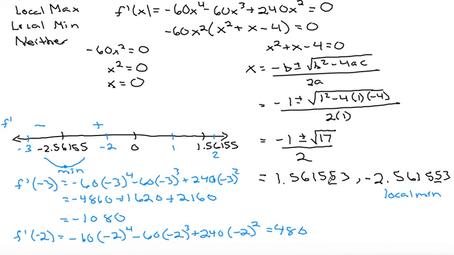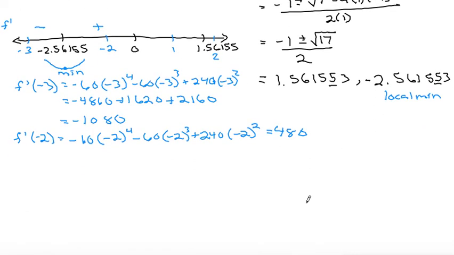Now let's plug in 1. I need to give myself a little bit more space again. So f prime of positive 1 is -60 times 1 to the power of 4 minus 60 times 1 to the power of 3 plus 240 times 1 to the power of 2.